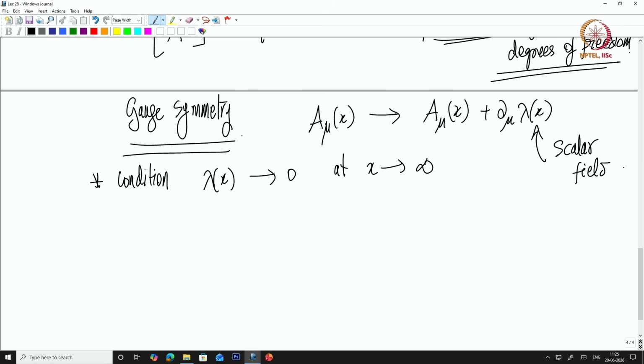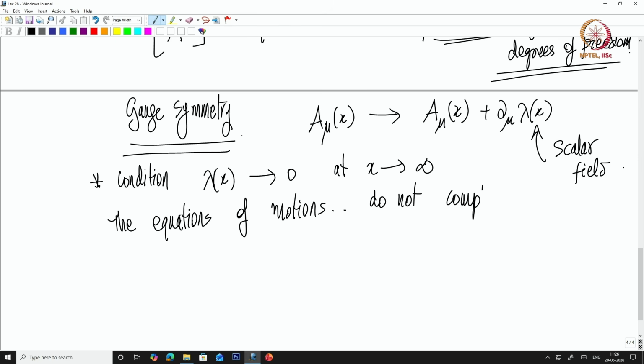The point is that the equations of motion, which are essentially Maxwell's equations, do not completely fix A mu. That means they can only fix it up to A mu plus del mu lambda of x.